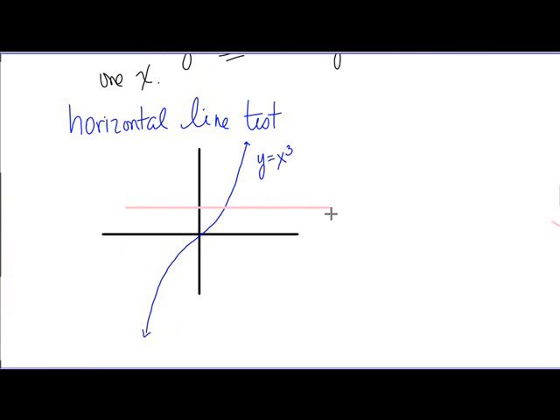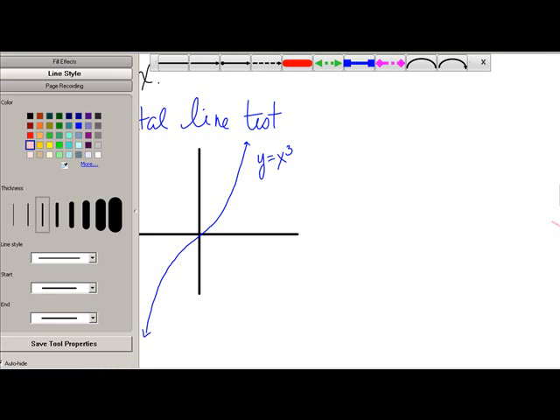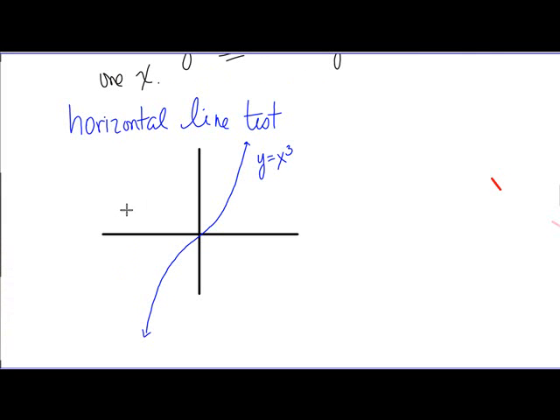Let me get something that's better. Red. There we go. Now, if I put that horizontal line on that graph, no matter where I position that horizontal line, it is only going to intersect that graph once. So this is an example of a function that is one-to-one. It is one-to-one, so it will have an inverse function.